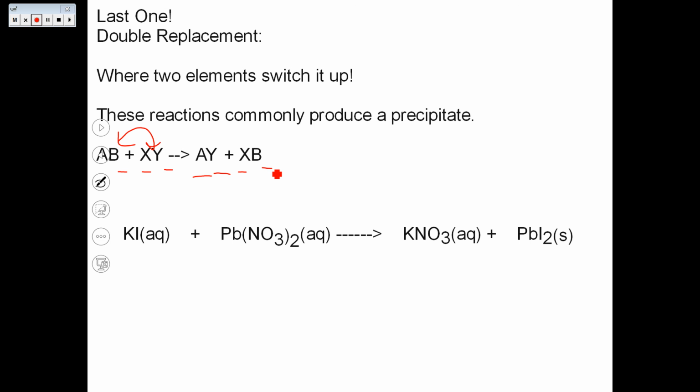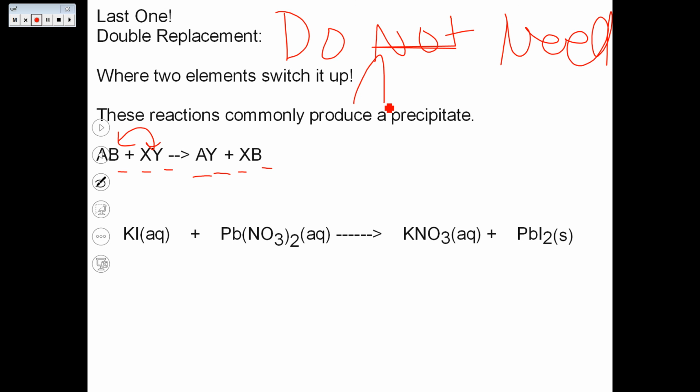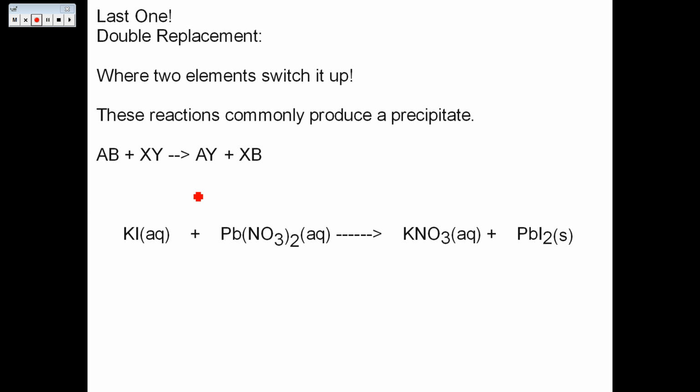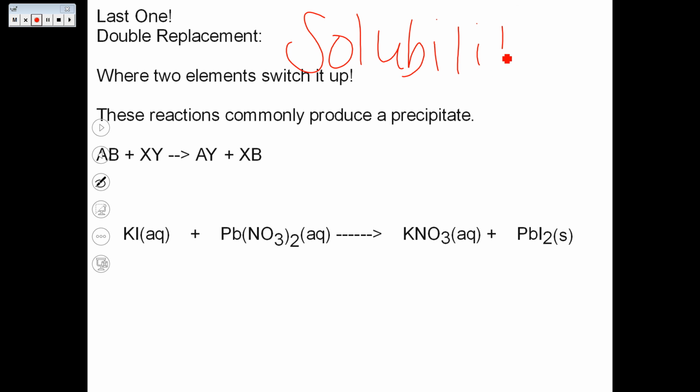Double replacement, you do not need to look at the activity series, okay? Because whatever is replacing the other one is bound to be above the other one on the activity series.